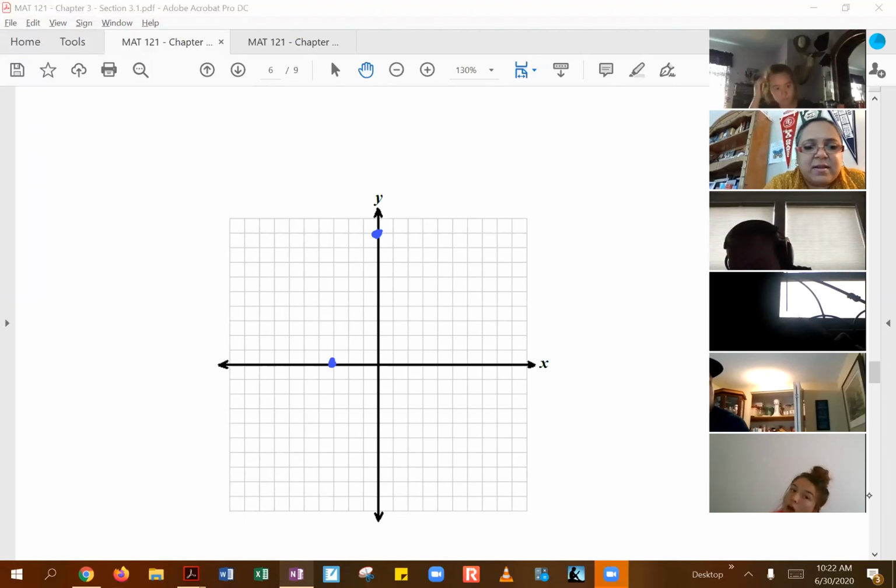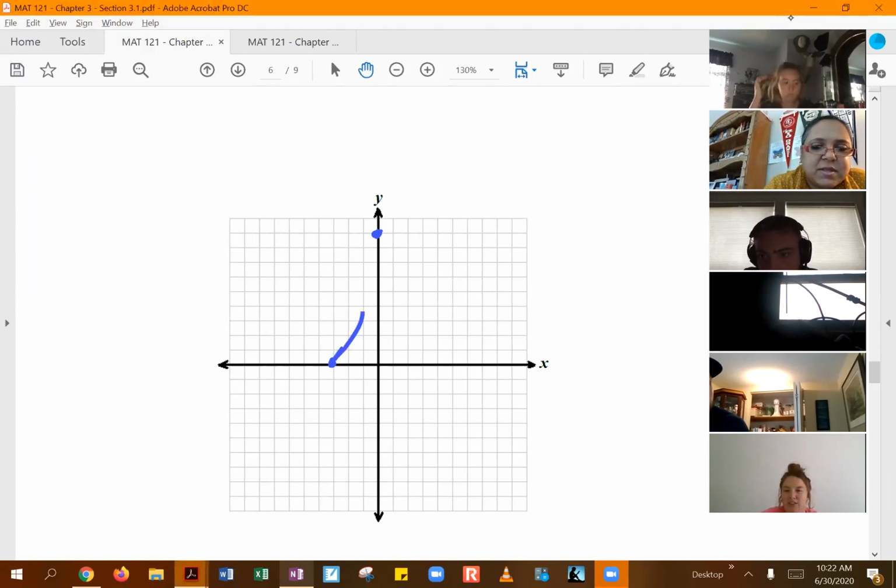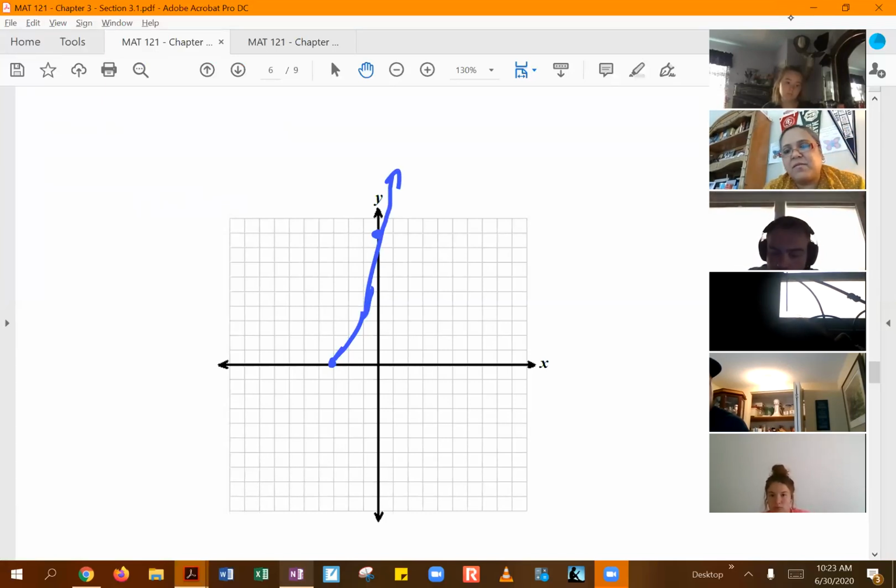What you have right now is basically the right hand side of our graph, since we're going from our vertex, the right hand side. So what can we do to get the left hand side graph?